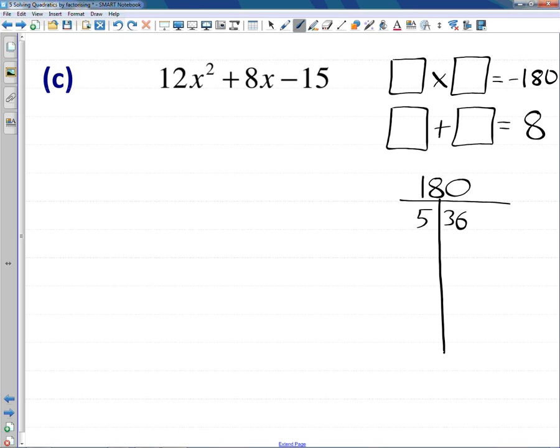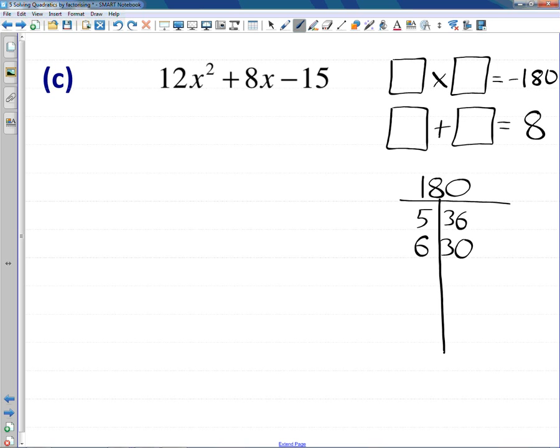So I've tried that one, but I don't see how that's going to add or subtract in some way to give 8. We could get 31, say, or 41, but not 8. So we try something else. Does 6 go in? Well, that goes in 30 times. But maybe that could give 24 or 36, something like that. It's not going to give an 8 when we add or subtract.